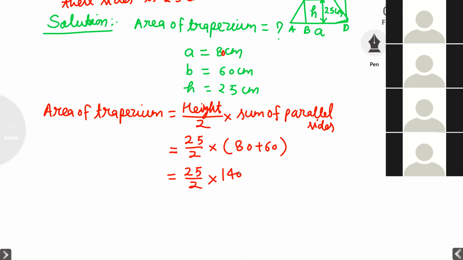Area of trapezium is equal to height by 2 into sum of parallel sides. First parallel side he has given 80 centimeter and second is 60 centimeter. Then 25 by 2 into 80 plus 60, 140.